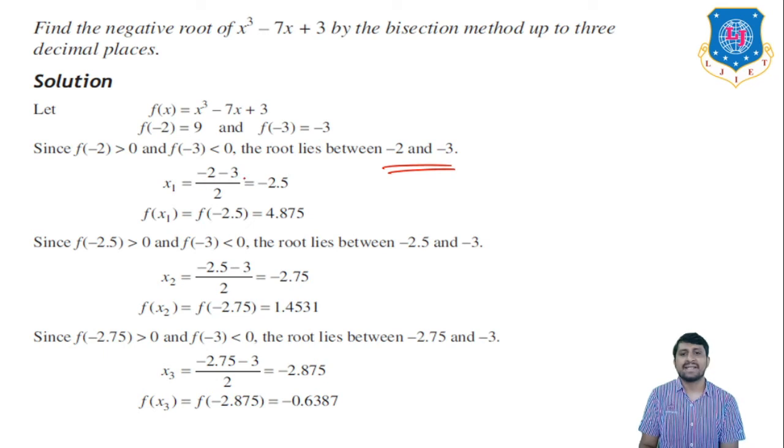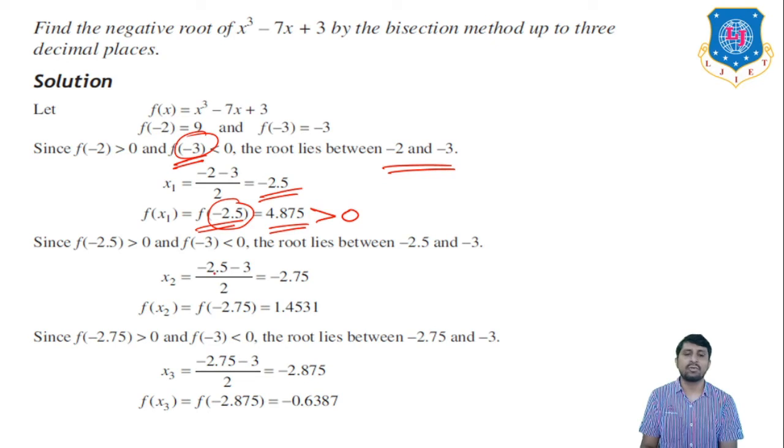So x1 is (minus 2 minus 3) divided by 2, the average of minus 2 and minus 3, that is minus 2.5. Now find f of minus 2.5, so you will get 4.875. Of course this is greater than 0, and you get less than 0 at minus 3. So now your root lies between minus 2.5 and minus 3.